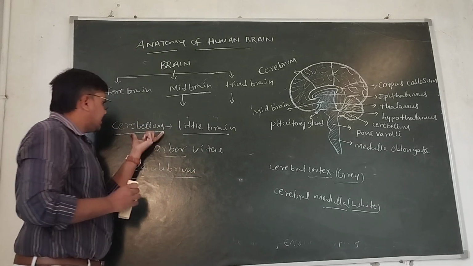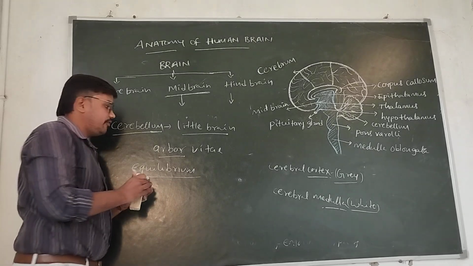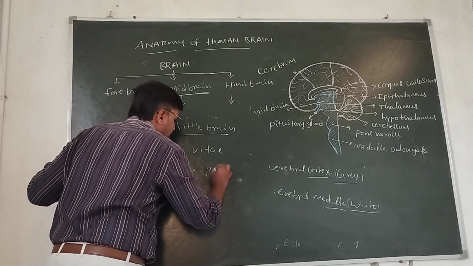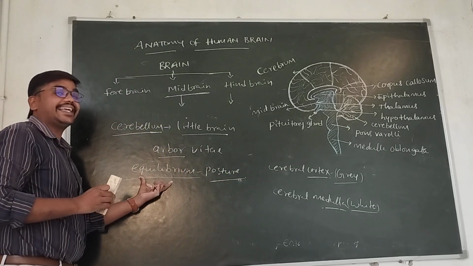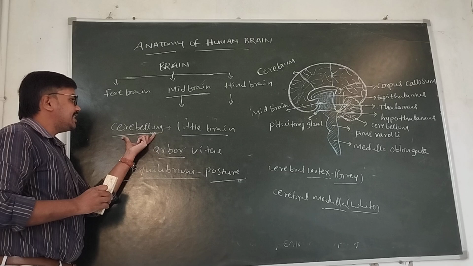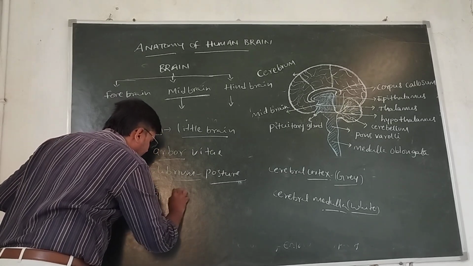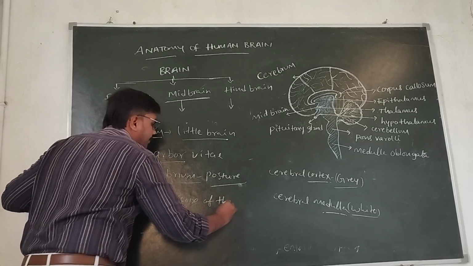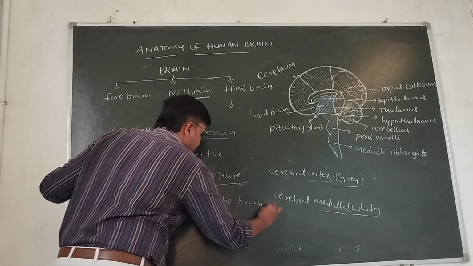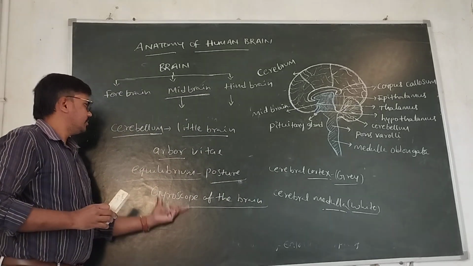So the cerebellum's main function is the maintenance of body posture. This phenomenon is called equilibrium. That's why the cerebellum is called the gyroscope of the brain, maintaining equilibrium.